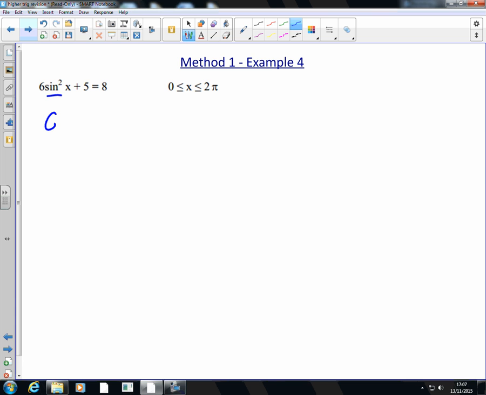So take away 5, so 6 sine squared x is equal to 3. Divide by 6, so sine squared x is equal to 3 over 6. 3 over 6, we don't want to write that, do we? We want to write that as a half. That squared now, we need to get rid of. Okay, so we know that sine squared x really means all of sine x, squared.